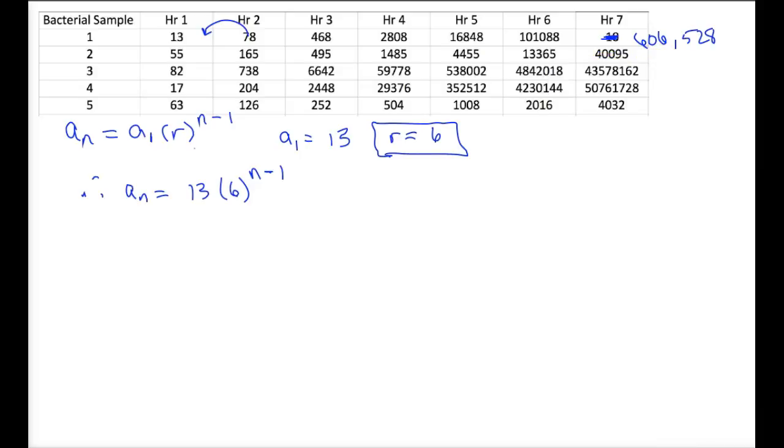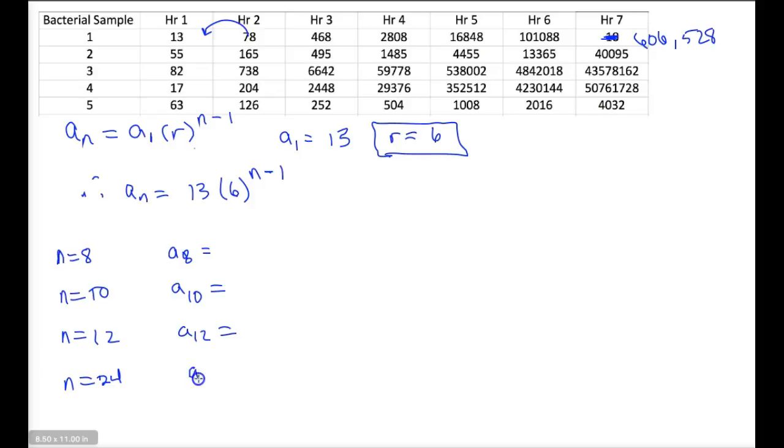So just to make sure that we're on the same page here, we want to figure out what a sub 8 is, a sub 10 is, a sub 12 is, and a sub 24. And this will tell us the amount of bacteria that will be in a particular petri dish or whatnot after the 8th hour, 10th hour, 12th hour, and 24th hour.